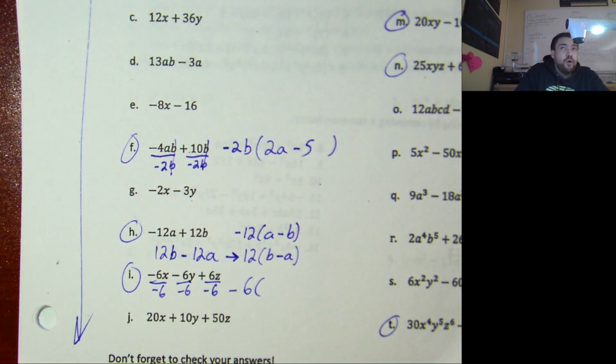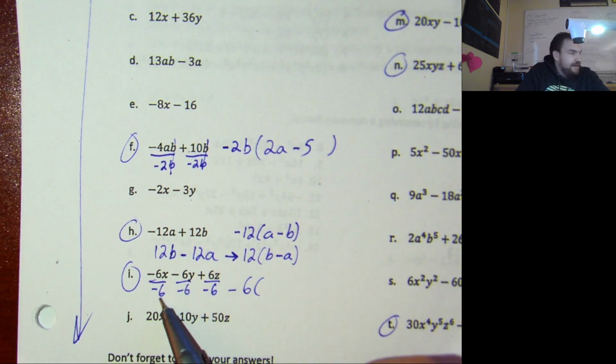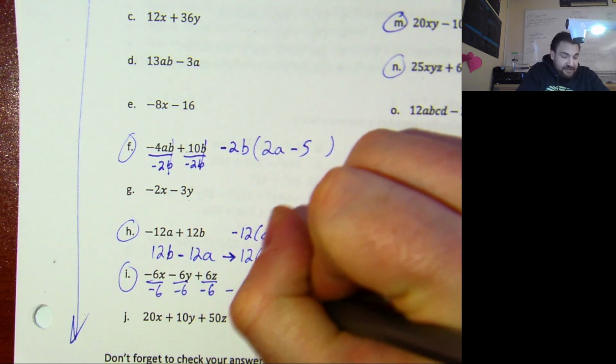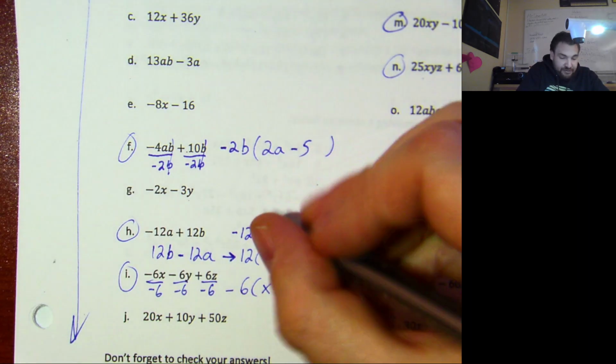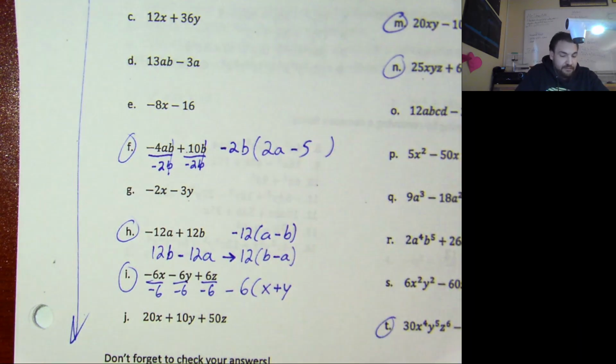If it helps, once you've determined what your GCF is, divide each term by it. Negative 6 divided by negative 6 is? No, it's not 0. It's positive 1x, which we can just write as x. Anything divided by itself is 1. The negative 6 divided by negative 6 is going to be positive 1, and the y is going to be there, so it's going to be plus y.